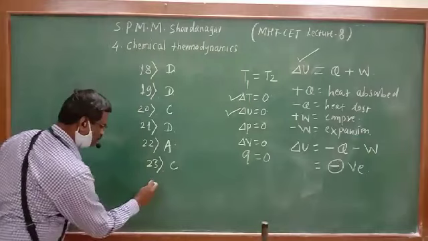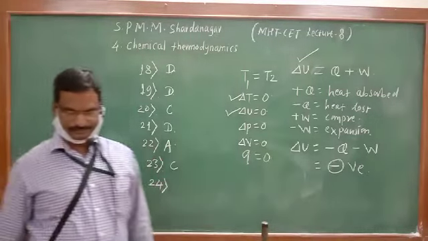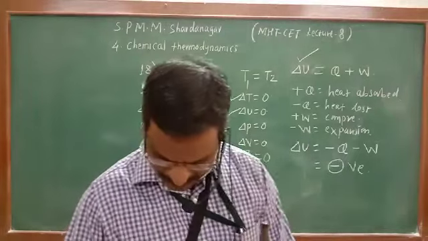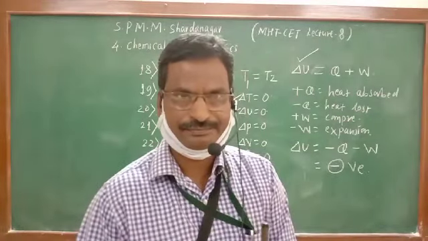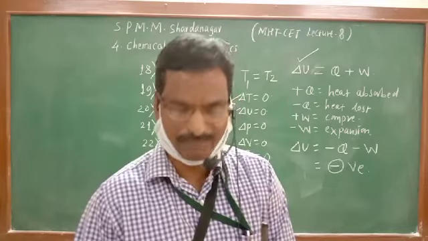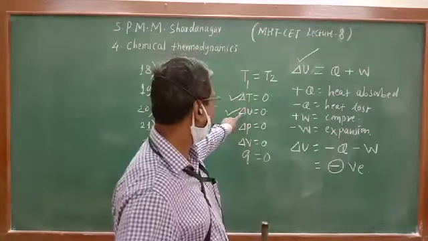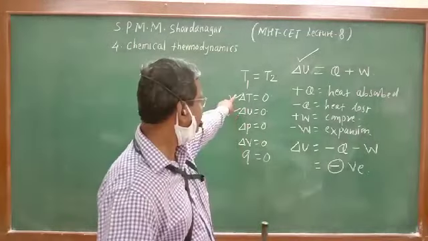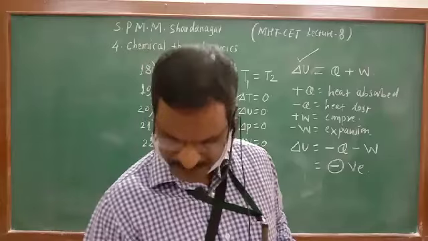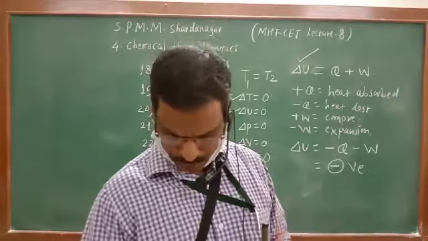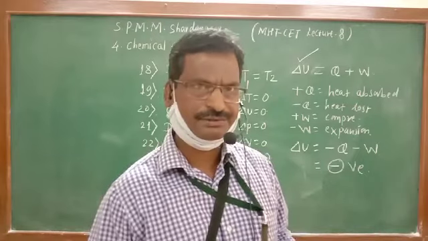Now see question number 24. In an isothermal process, what is 0? We have studied delta U is 0 and delta T is 0. So see the options. Option A, Q 0 and delta U 0. Is it true or false? False.